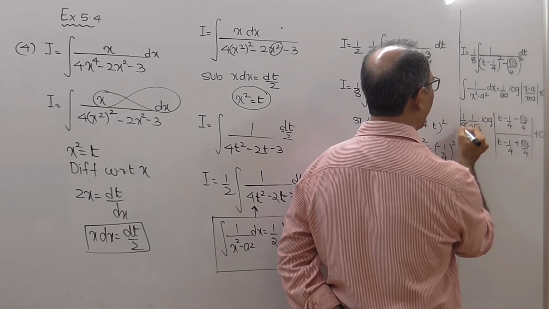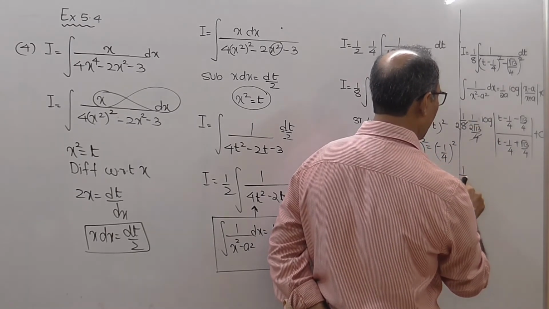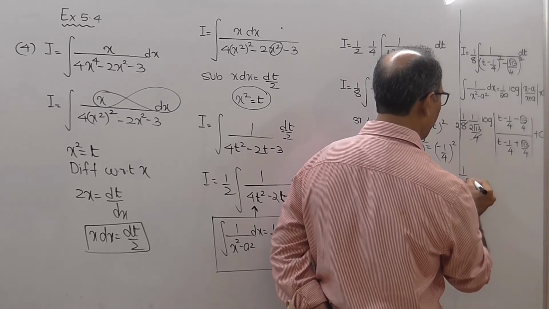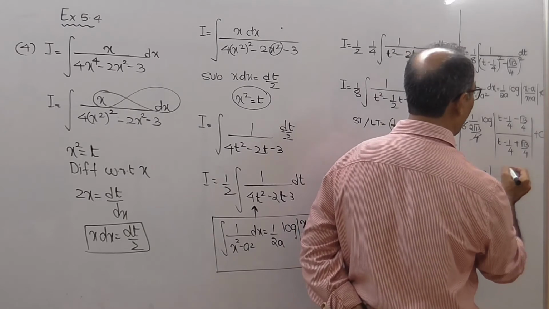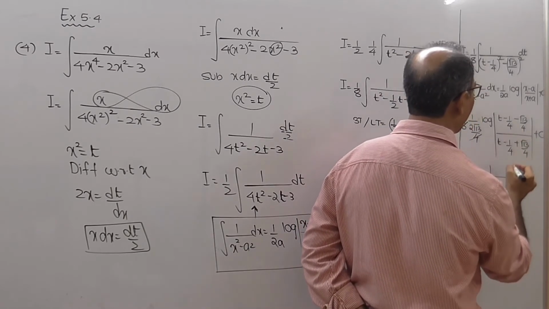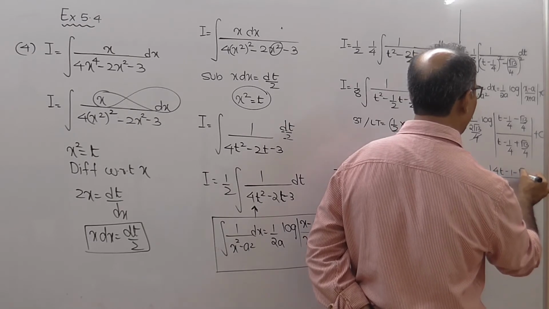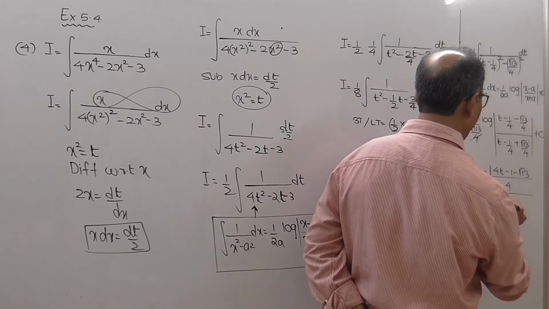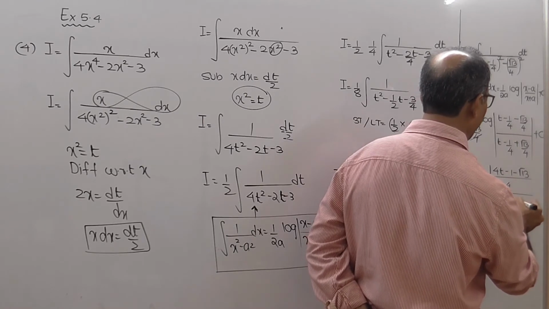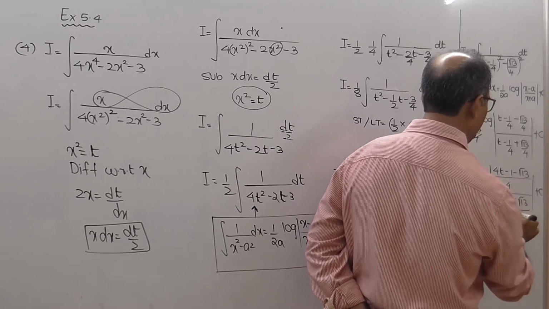I think 4 and 8 you can cut, this becomes 2, so I think I should get 1 upon 4 root 3 log modulus. Take 4 as the LCM, so you get 4t minus 1 minus root 3, and 4t minus 1 plus root 3 upon 4 plus c.